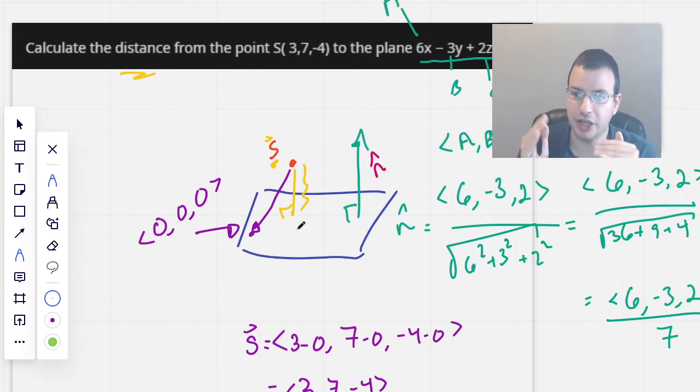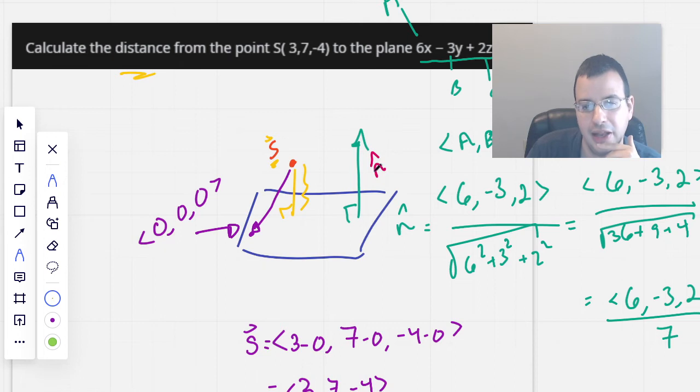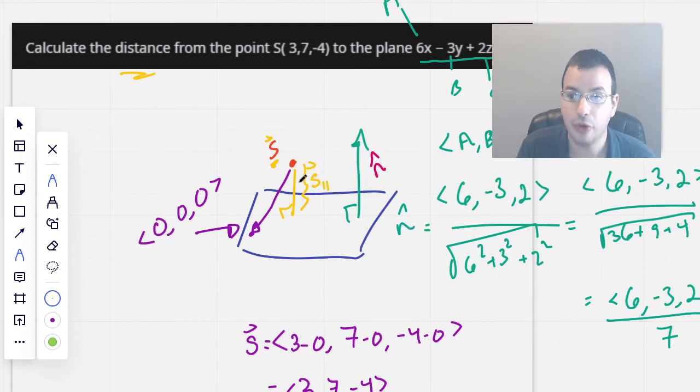It gives us the portion of the two vectors that is parallel, and if it's parallel to a normal to the plane, then the S will also be this portion. I'll call this S parallel to the normal vector. That will actually be the shortest distance because that will also be parallel.